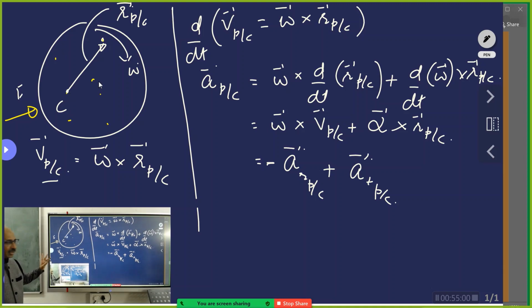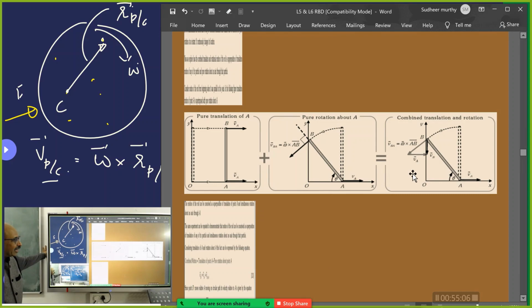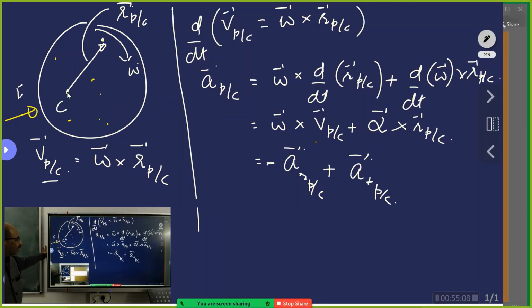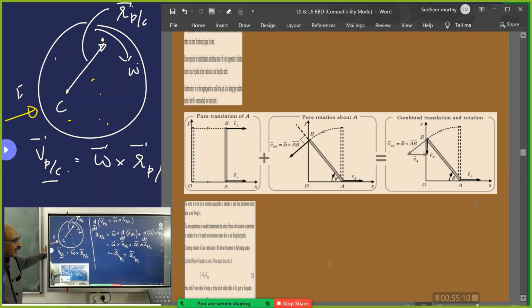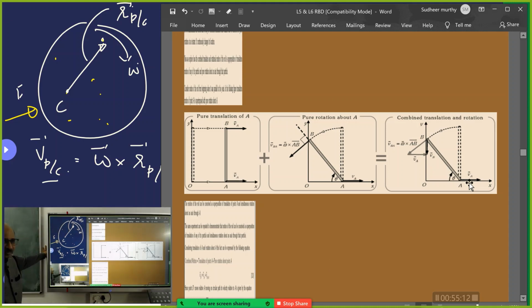In the previous example I had taken the center of mass, but here I am not taking the center of mass. Instead of C, here I will consider point A, and instead of particle P, here I am considering point B.